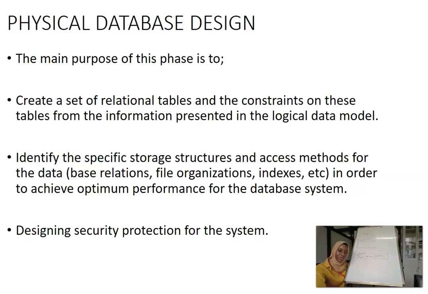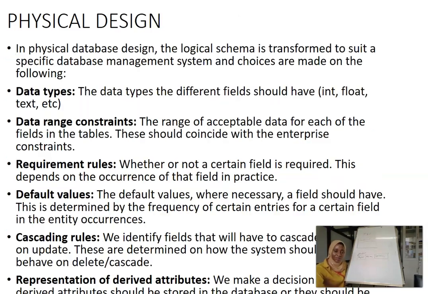Are you going to have view relations? Are you looking at what type of file organization? Are you looking at what type of indexes you are going to use, and many others. Then also designing security protection for the system. What kind of security are you going to have on your database?